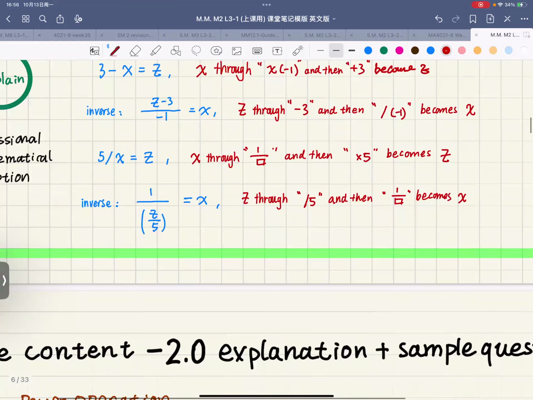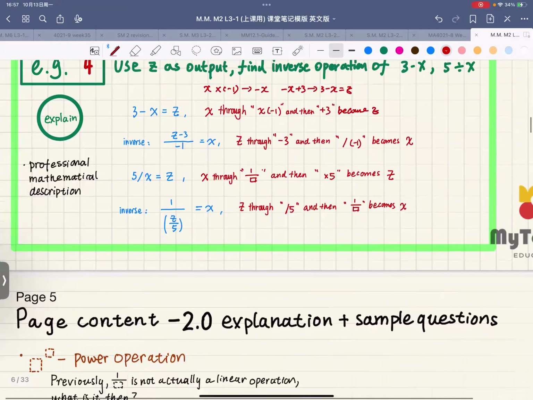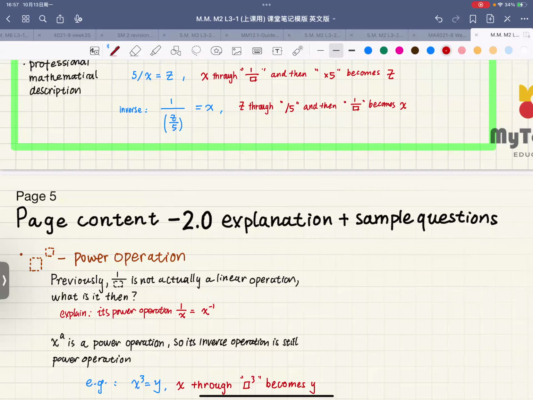And the inverse is 1 over x over 5 is equal to x. Z goes through divided by 5, and then 1 over variable, 1 over the thing, and then becomes x. Okay, that's operation and inverse operation. These are just concepts. Any questions regarding this inverse operation concept?